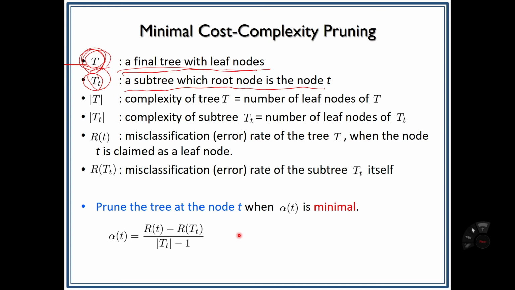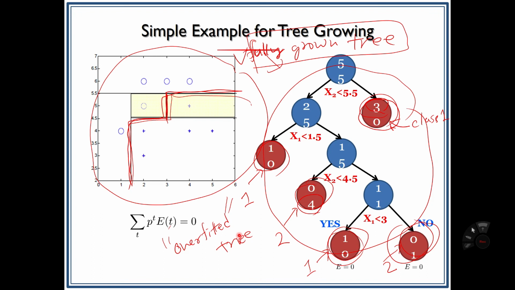Because you can think of the fully grown tree, its error rate is 0, right? If we prune this part, then the remaining part's error rate increases.